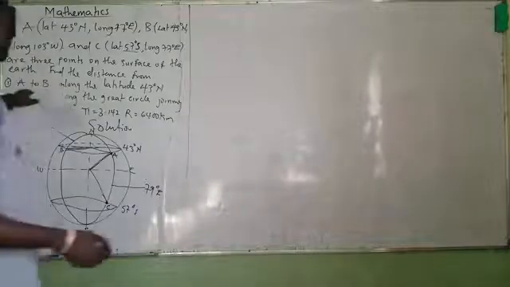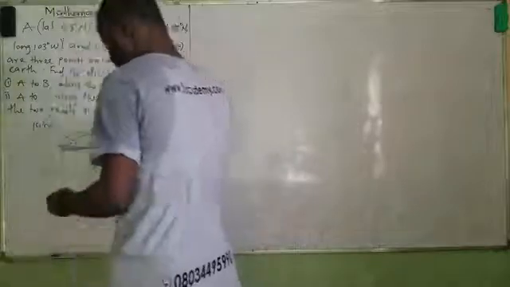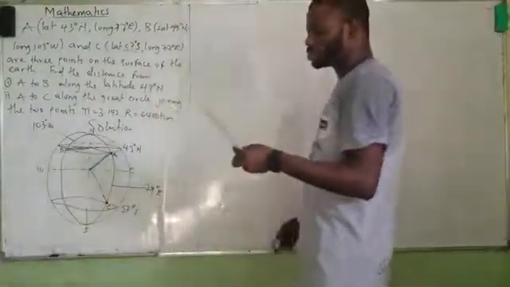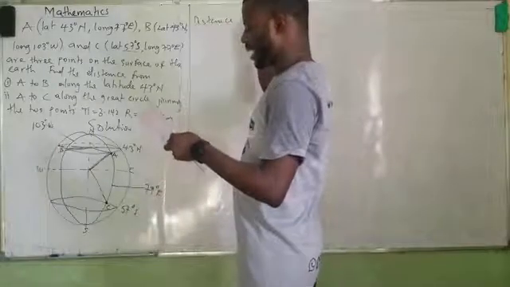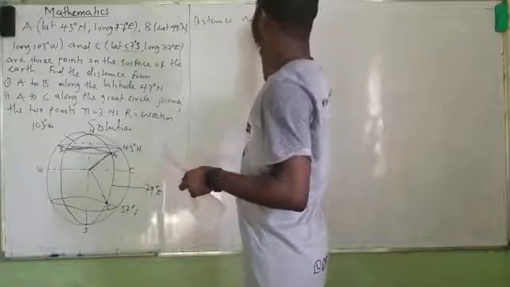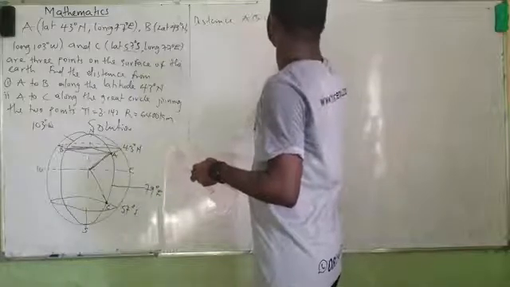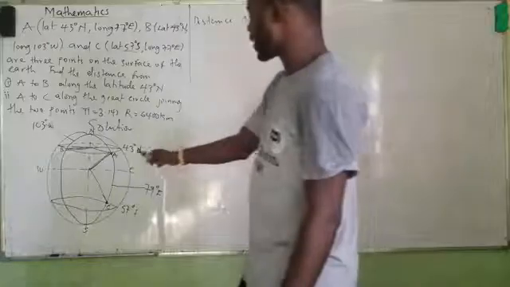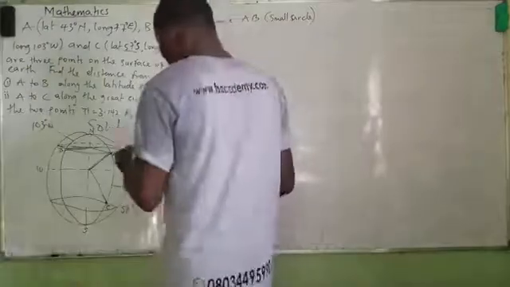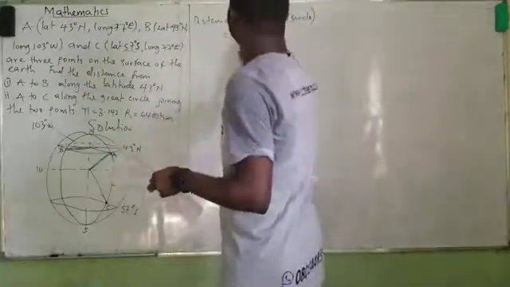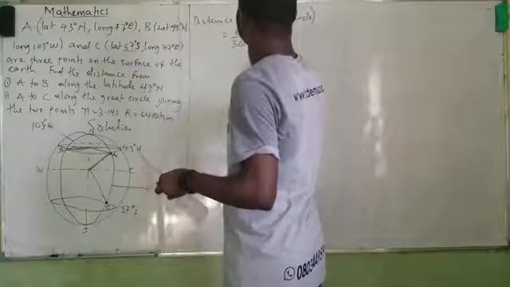Now the question said A to B along the latitude of this. What I just need to do is the distance A to B, which is a small circle. Now, it's a small circle, which I'll be having theta over 360 times 2 pi r.